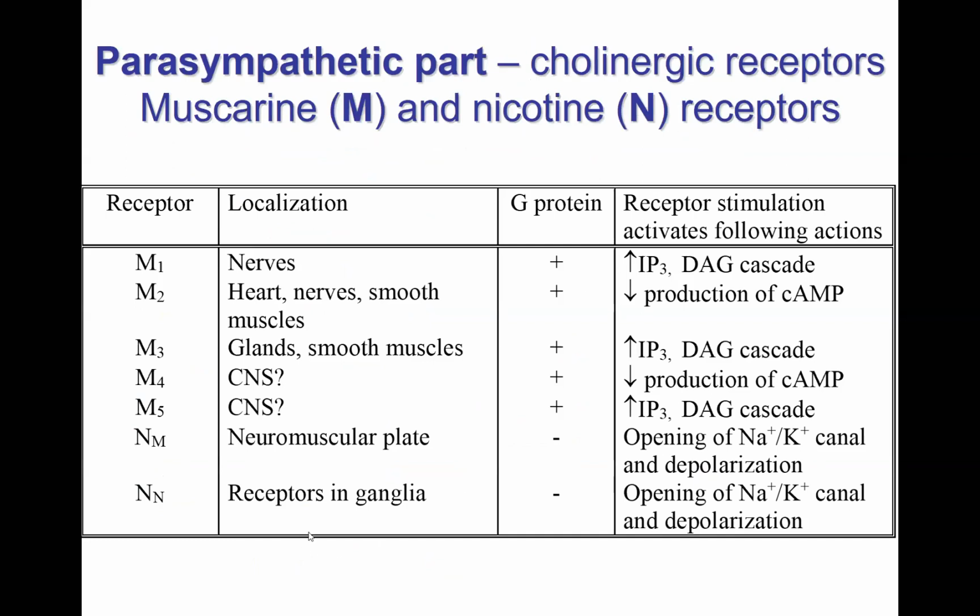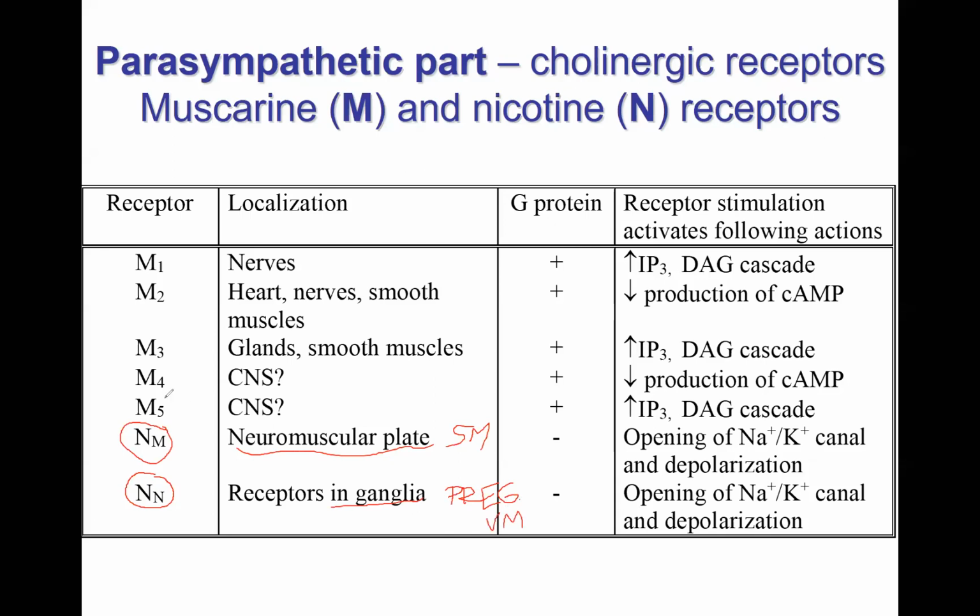For the parasympathetic part, it's easier as we have the nicotine receptor, at the neuromuscular plate in somatomotor ones and in ganglia, that means preganglionic visceromotor.